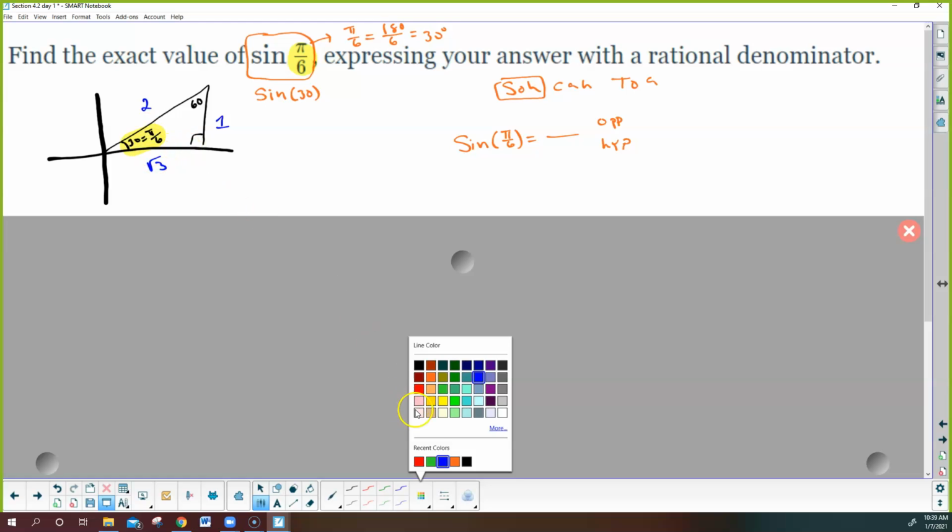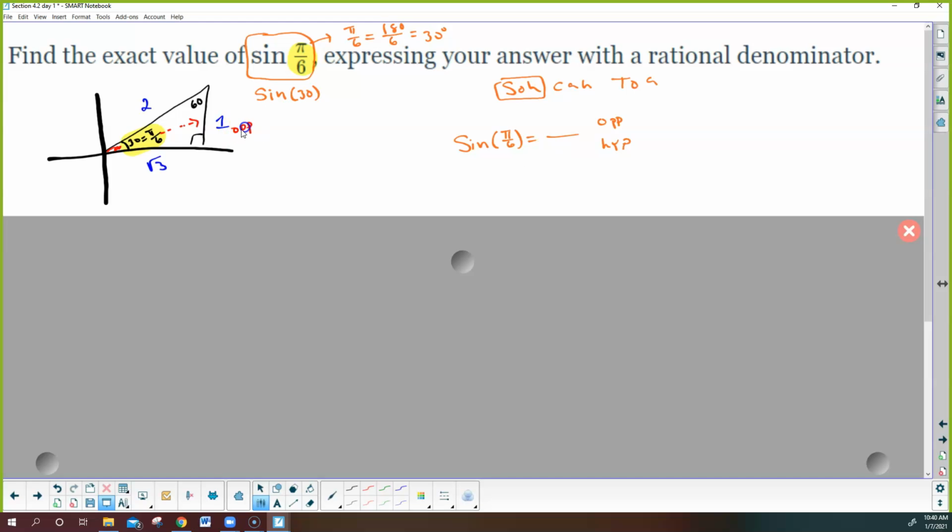Okay. So the question is, well, which side is technically the opposite? If my angle of reference is 30, and I go opposite of that, there's a 1. And that leaves the one across from the 90 is the hypotenuse. So opposite over hypotenuse is 1/2, and that is the exact value of sine of pi over 6.